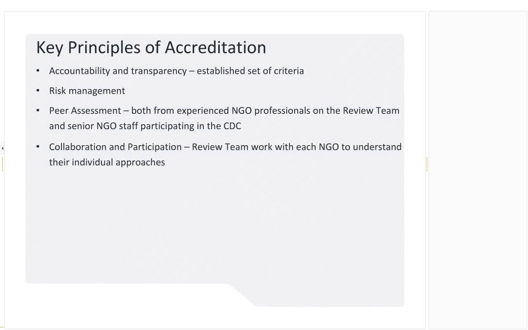So collaboration and participation. The review team works with each NGO to understand their individual approaches. So I was saying that it's not one size fits all review. So we do look at differences of organisations and try to fit them into our current criteria.